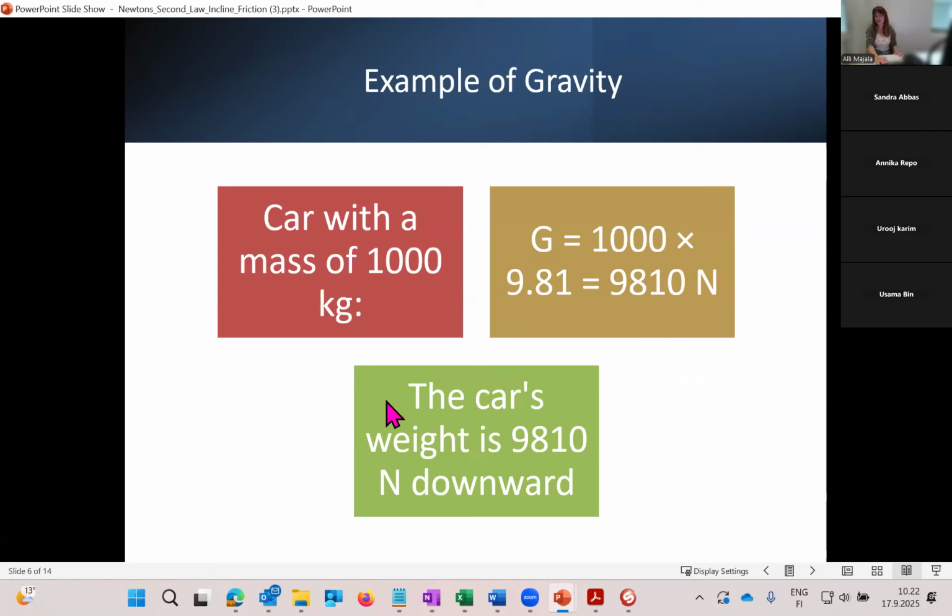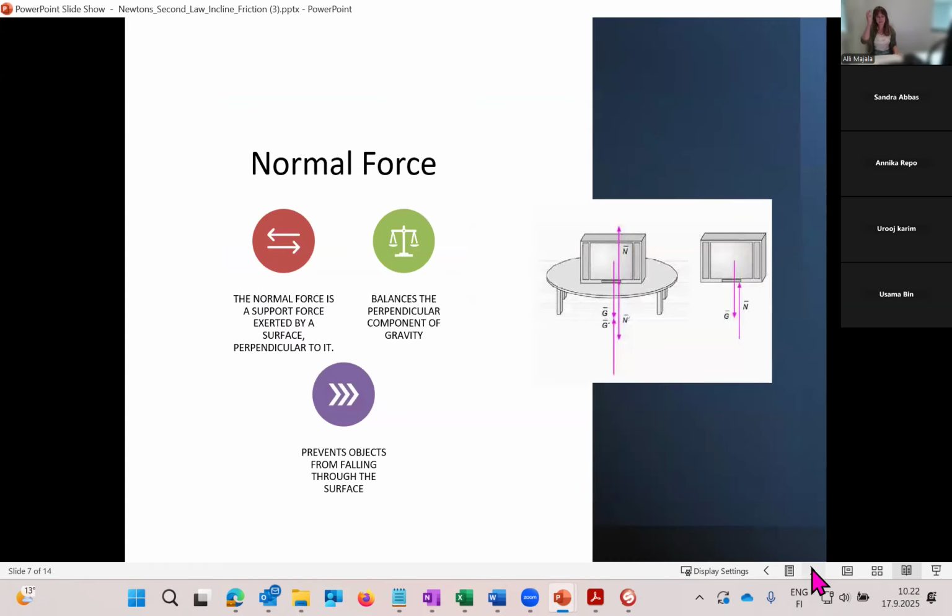Or maybe in English, you also use weight to mean mass. Yes, sometimes. But okay, the car's weight is then this number, the small g multiplied with the mass, which here would be 1,000 kilograms. You already maybe know all these things.